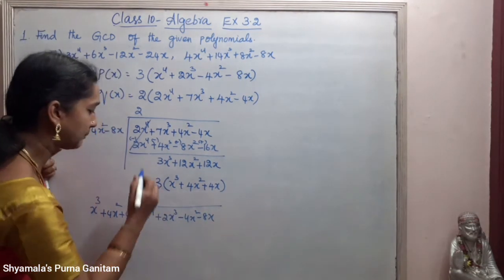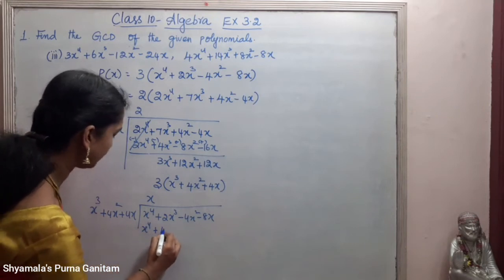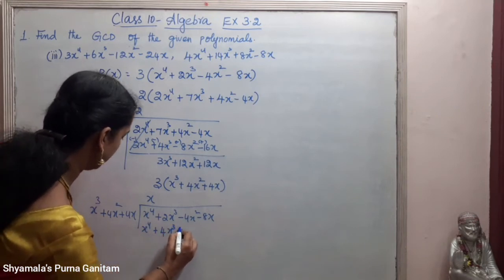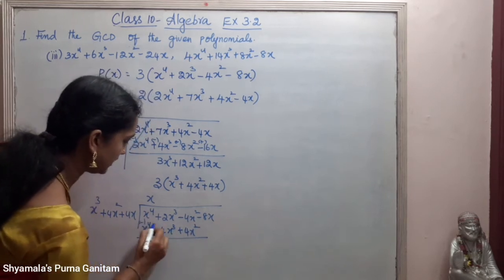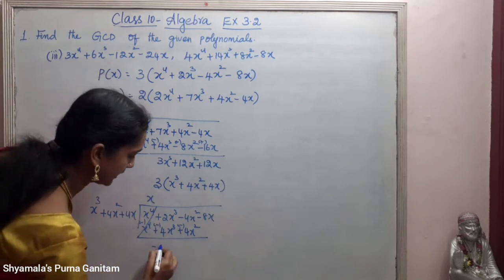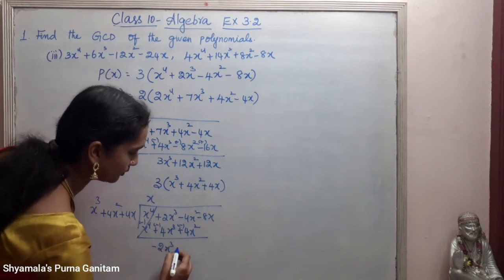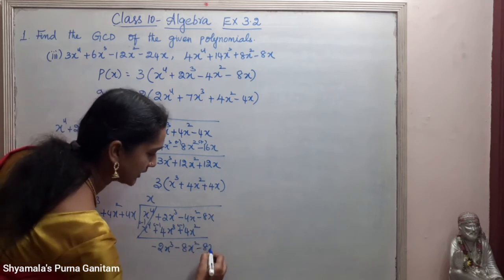So when we multiply it by x, we will get x power 4 plus 4x cube plus 4x squared. So again subtract this, x power 4 term will get cancelled, minus 2x cube minus 8x squared minus 8x.